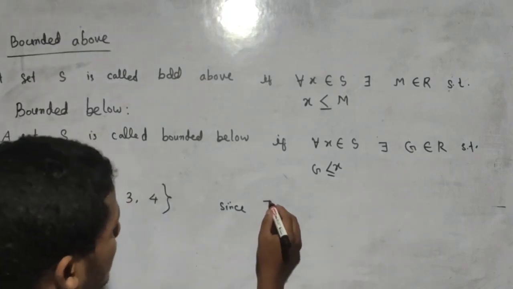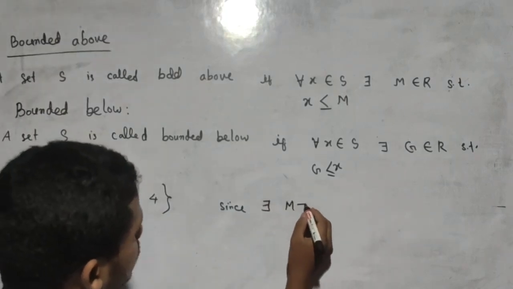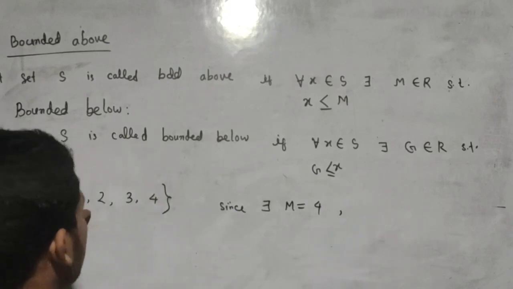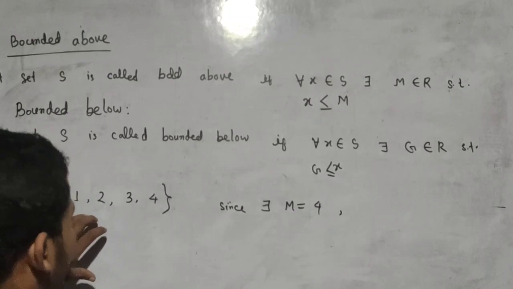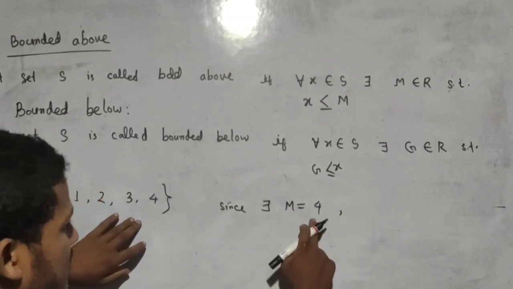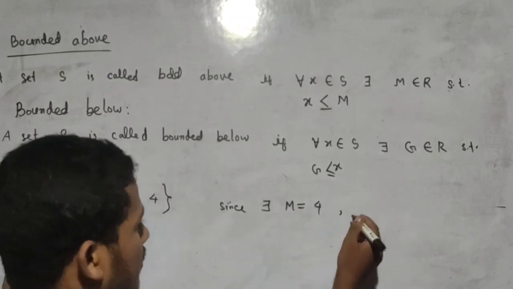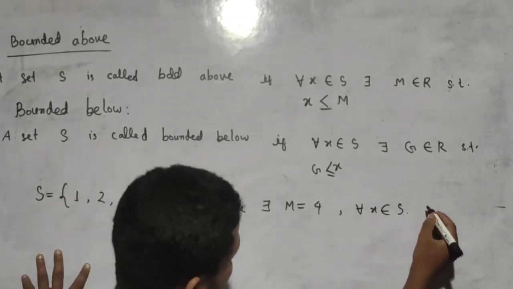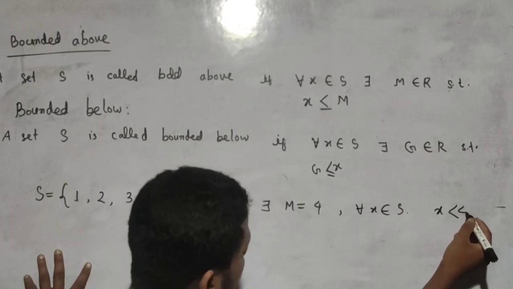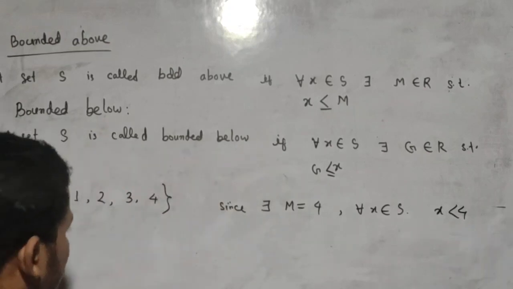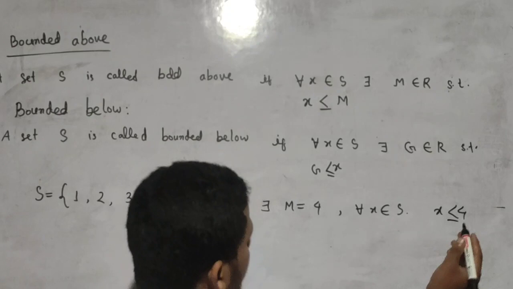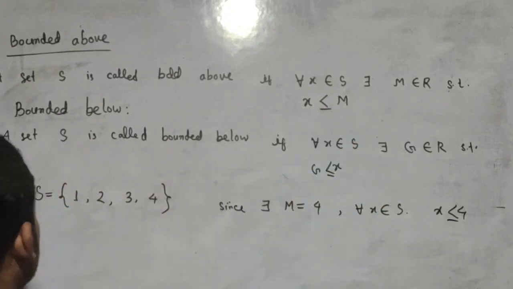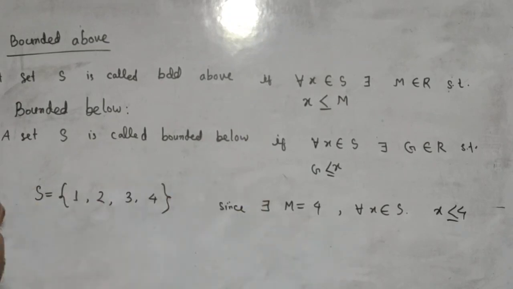Since there exists M equal to 4 such that every element of S is less than or equal to 4, this condition is satisfied. So this set S is bounded above.